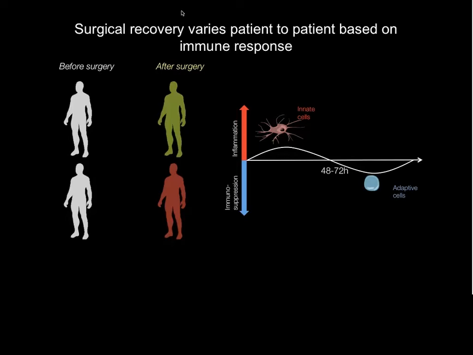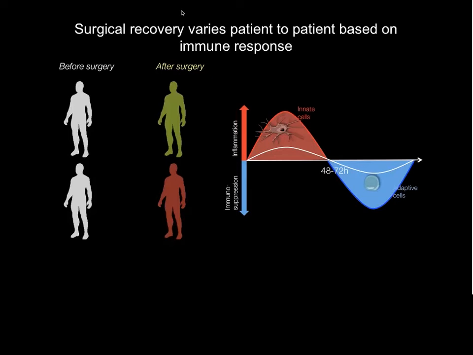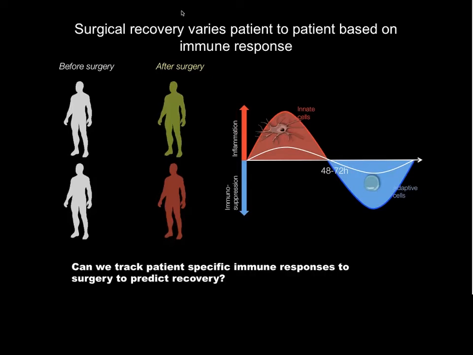Any dysregulation on either end of this, either uncontrolled inflammation or too much immunosuppression, can lead to complications and poor outcomes. So we had this question: because a successful surgical response depends so much on a successful immune response, could we actually track patient-specific immune responses in order to predict their recovery time?